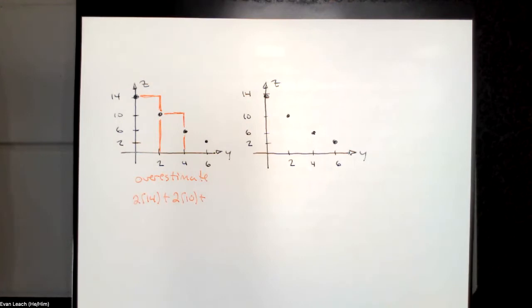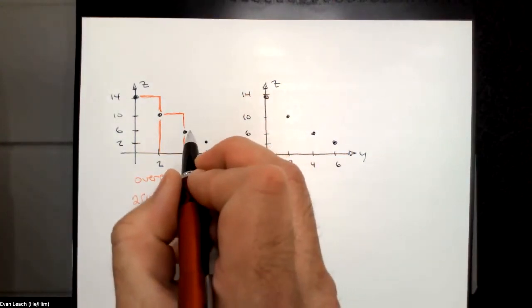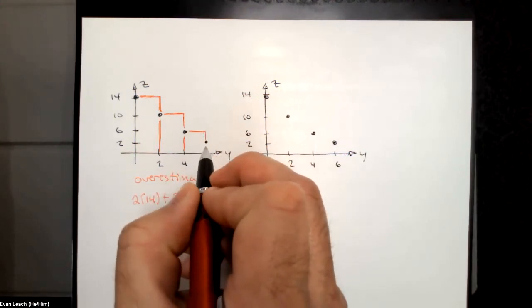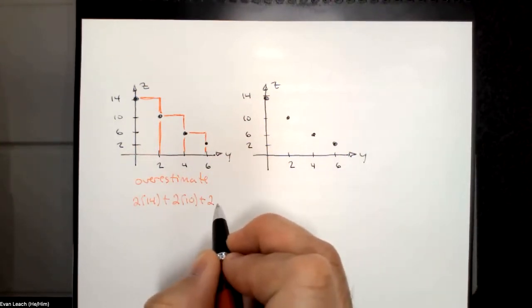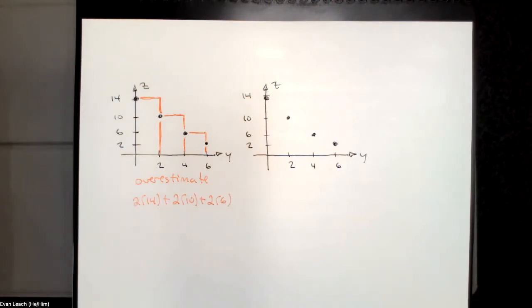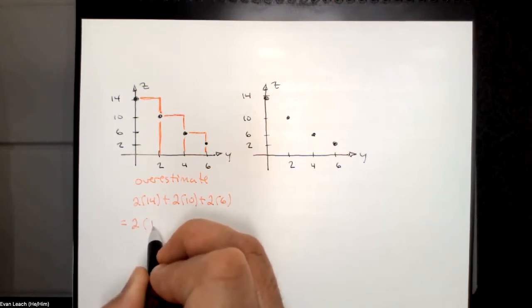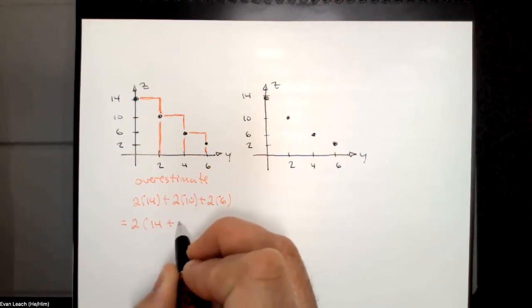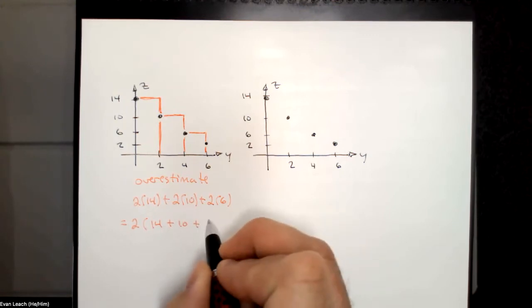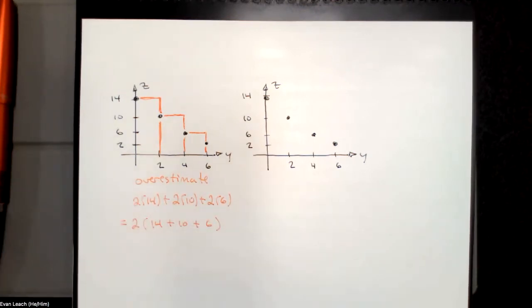And at this point, we just use the only area formula we need, length times width. And then for this third interval, I'll use 6 for the height. Since we use 2 the whole time, we can factor the 2 out and get a clear picture of what we're doing.